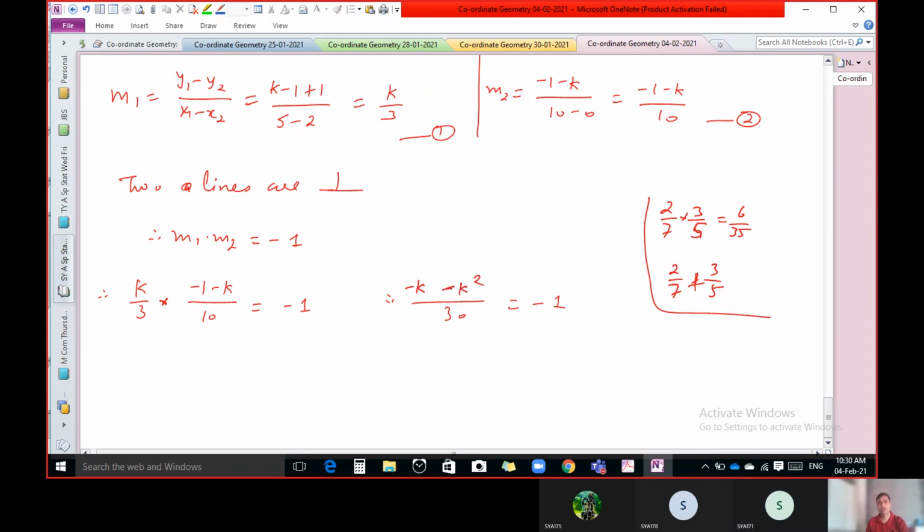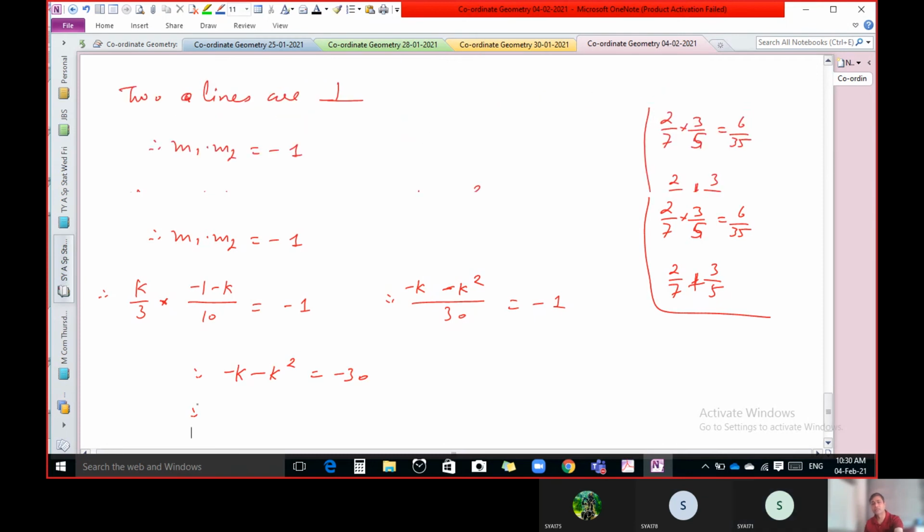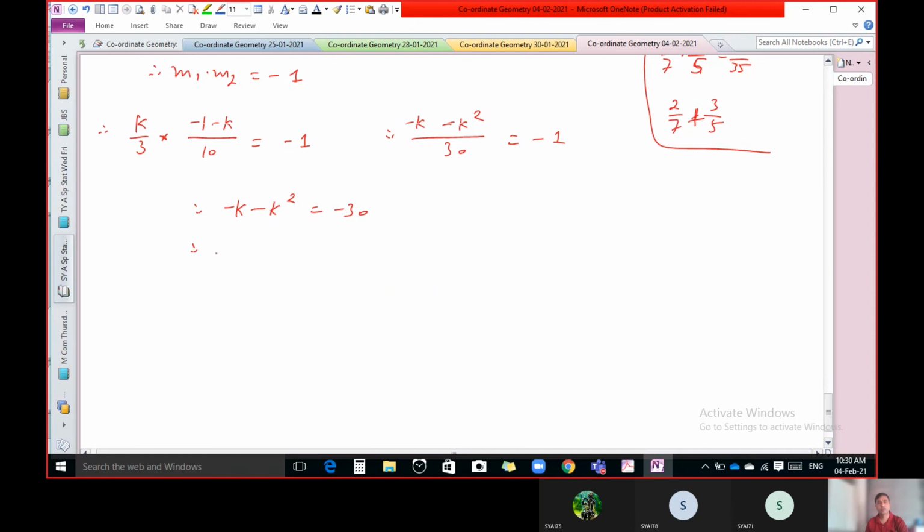Correct. Now take this 30 to the other side. Minus k minus k square equal to minus 30. Multiply both sides by minus 1. What do we get? k square plus k equal to 30. So k square plus k minus 30 equal to 0.